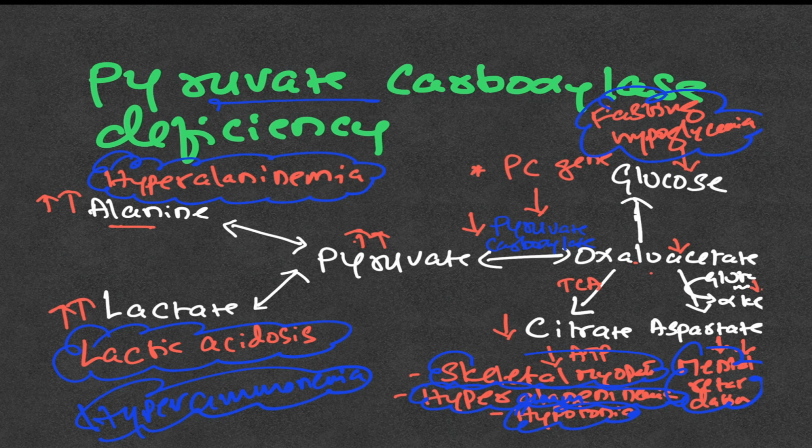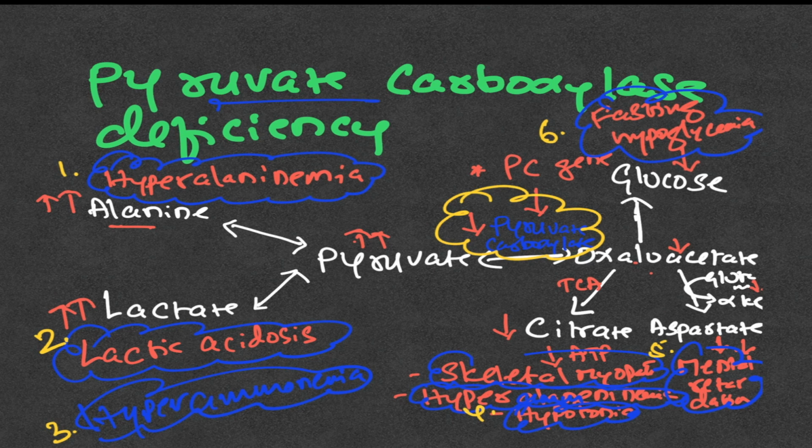So, these are the signs that you are going to see in pyruvate carboxylase deficiency: hyperalaninemia, lactic acidosis, hyperammonemia, then hypotonia, mental retardation, and fasting hypoglycemia. All these are because of pyruvate carboxylase enzyme deficiency.